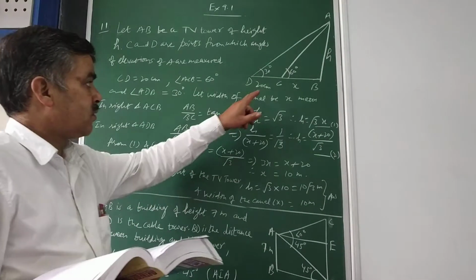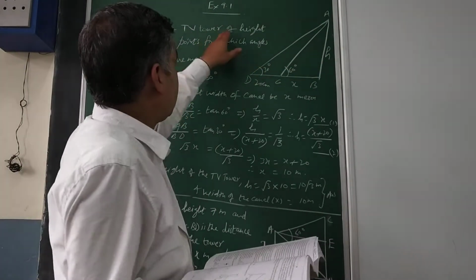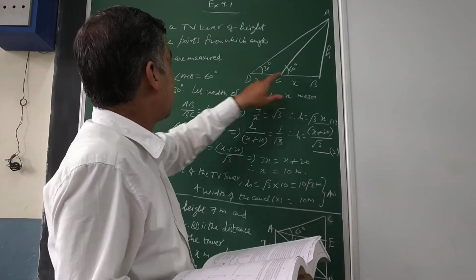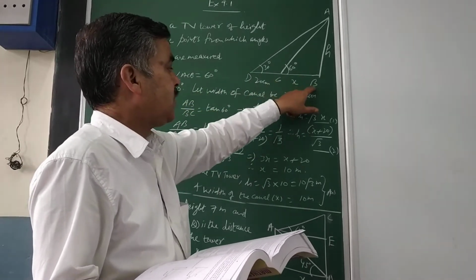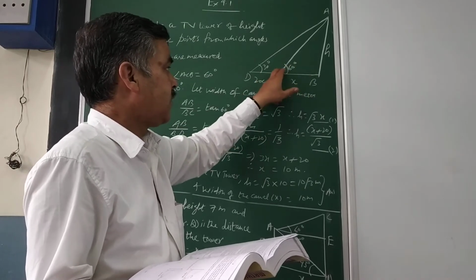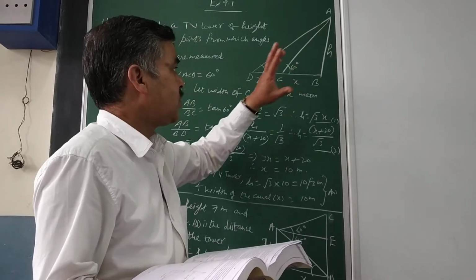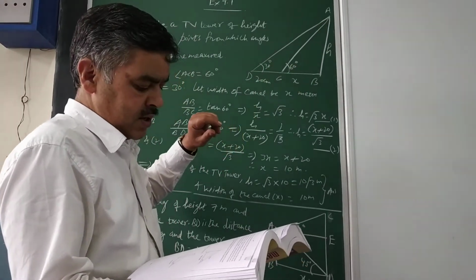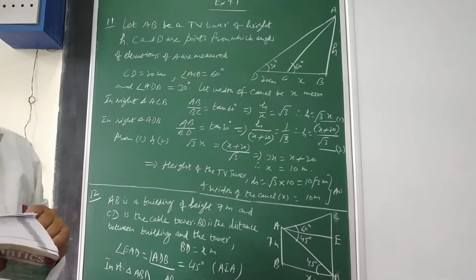So this in the figure I have zoomed as a tower AB, TV tower, and CB is the canal. Let the width of the canal be CB. The other end of the canal is C, opposite to the tower, and at this C the angle of elevation of the top of the tower is given equal to 60 degree. So that is the first information we are getting from these first two sentences.